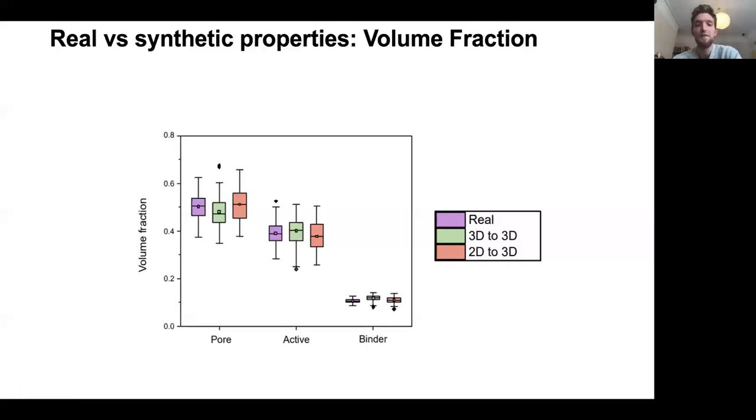And that's courtesy of all of this incredible work that's going on from the general GANs community, which we just get to take and put into our work, and lots of stuff just works incredibly well because so much research has been put into this approach. So that was volume fraction.